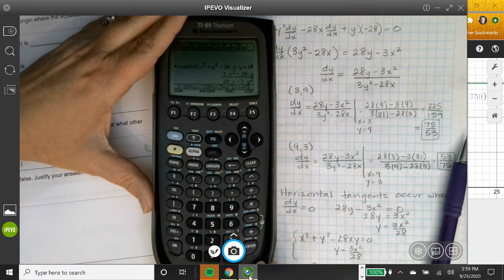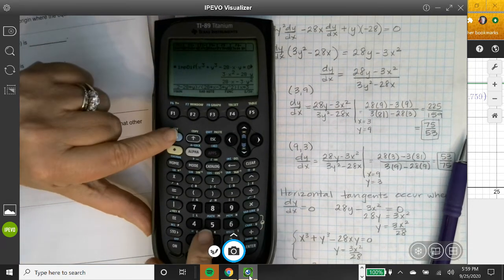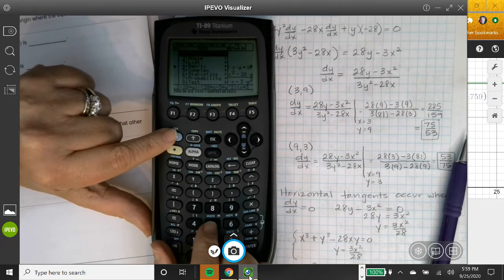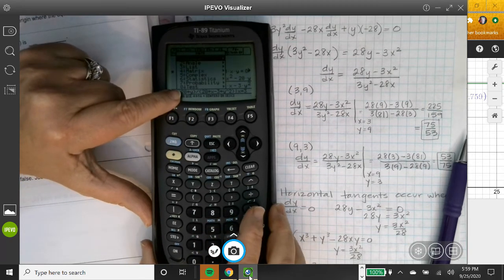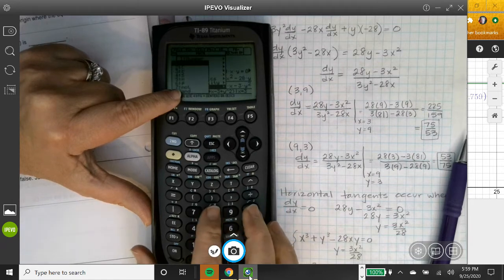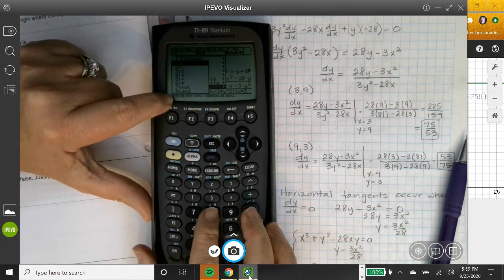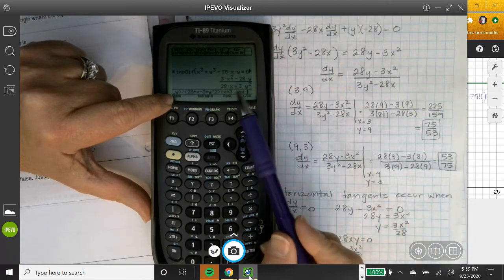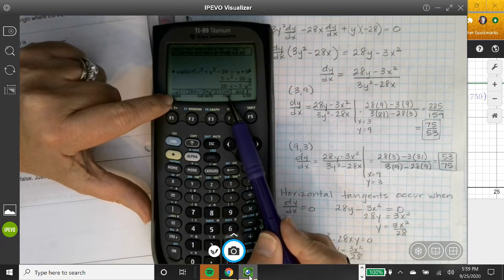Now, in order to do this, there are two ways to get to and. There's the math key here, where you go second math, and do you see the test command here, which is number 8, and the and command is number 8. Okay, now I want you to notice that there was a space that the calculator put between x equals 3 and the and.